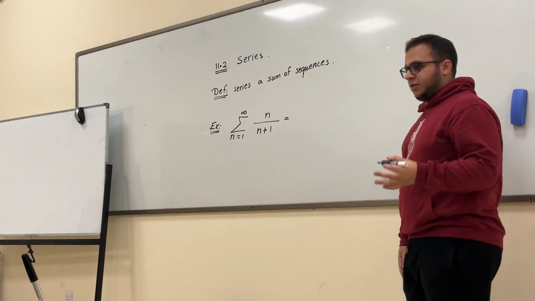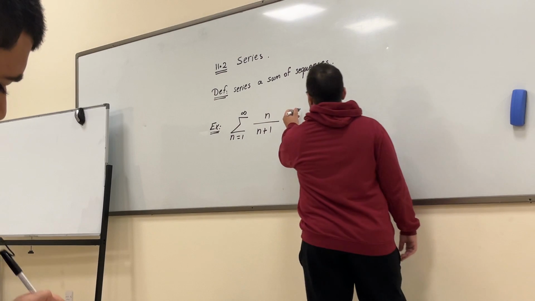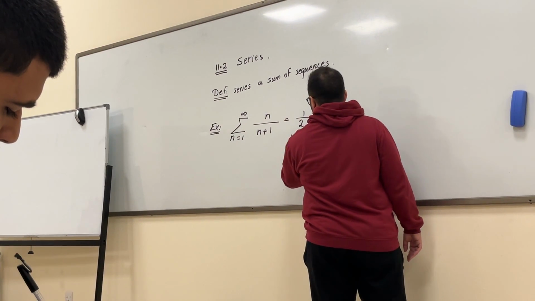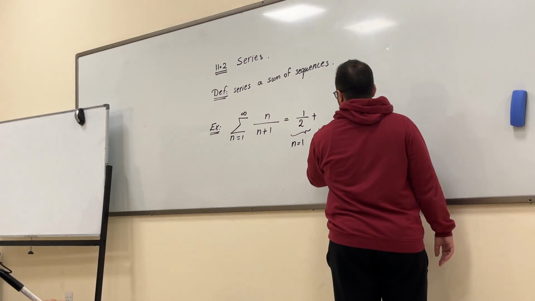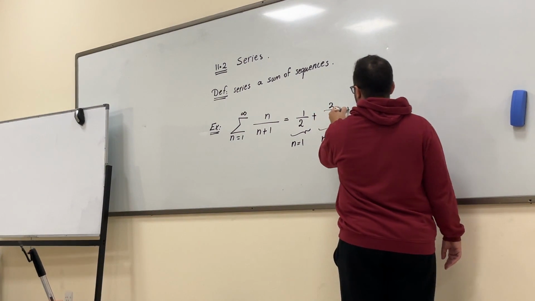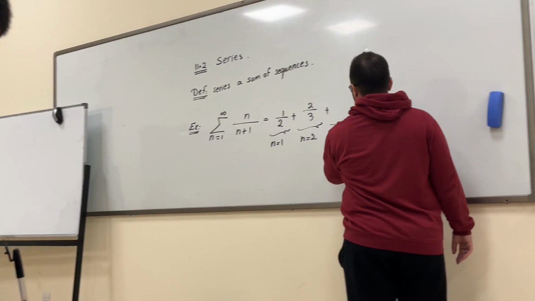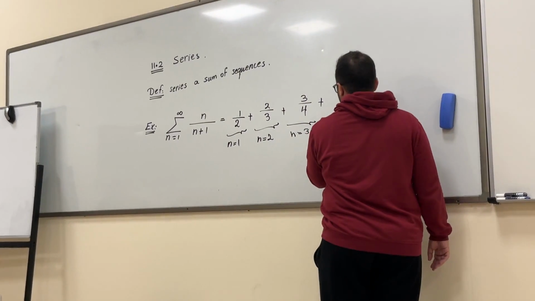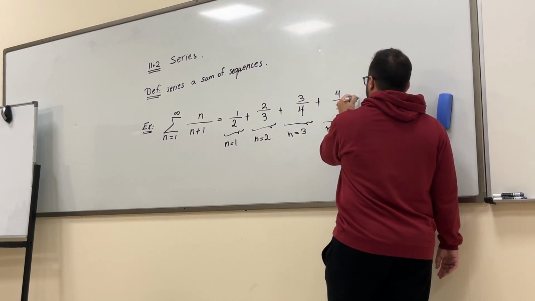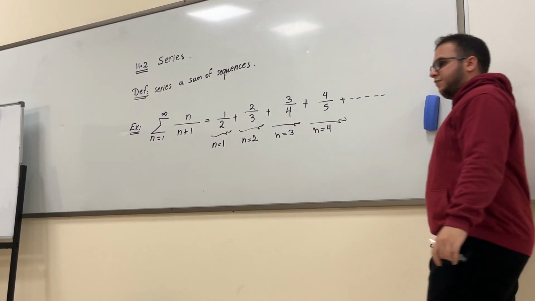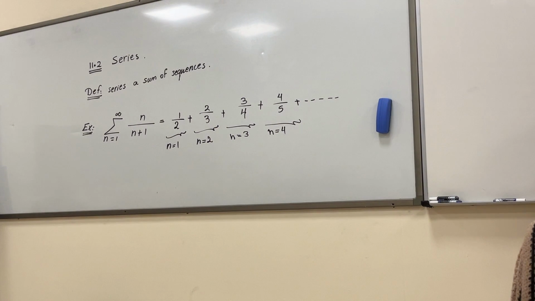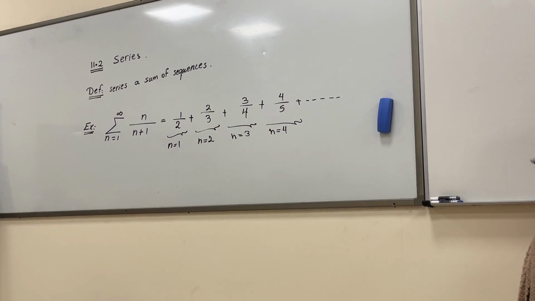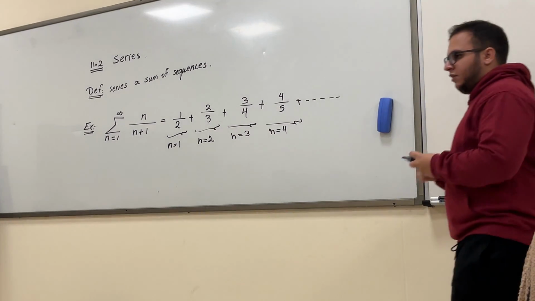I look at the first few terms. 1 over 2, plugging n equal 1. Then plug n equal 2, you get 2 over 3. Then plug n equal 3, 3 over 4, and so on. So this is how you read the series. This is how a series actually looks expanded. Now, we don't need to expand this, okay?